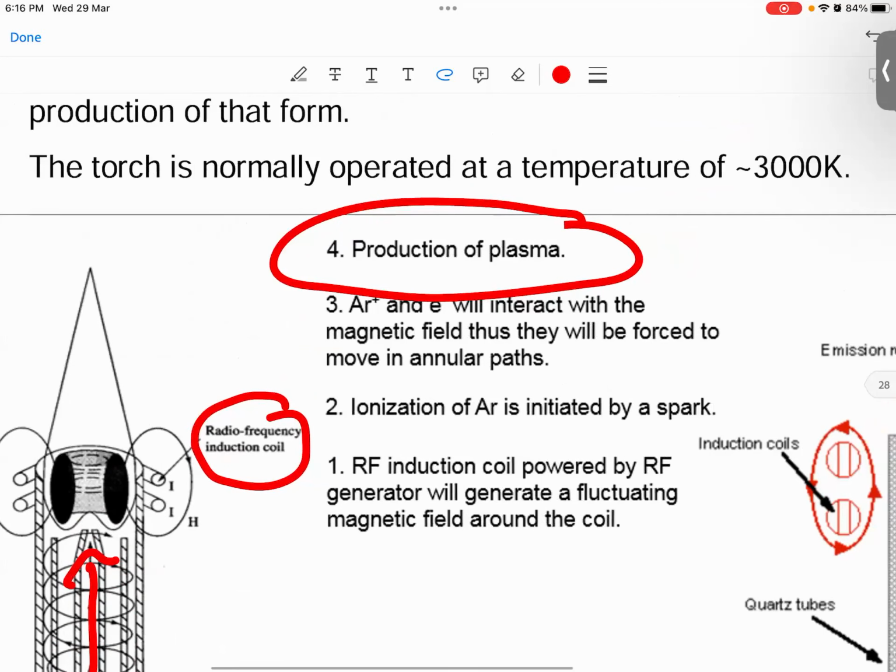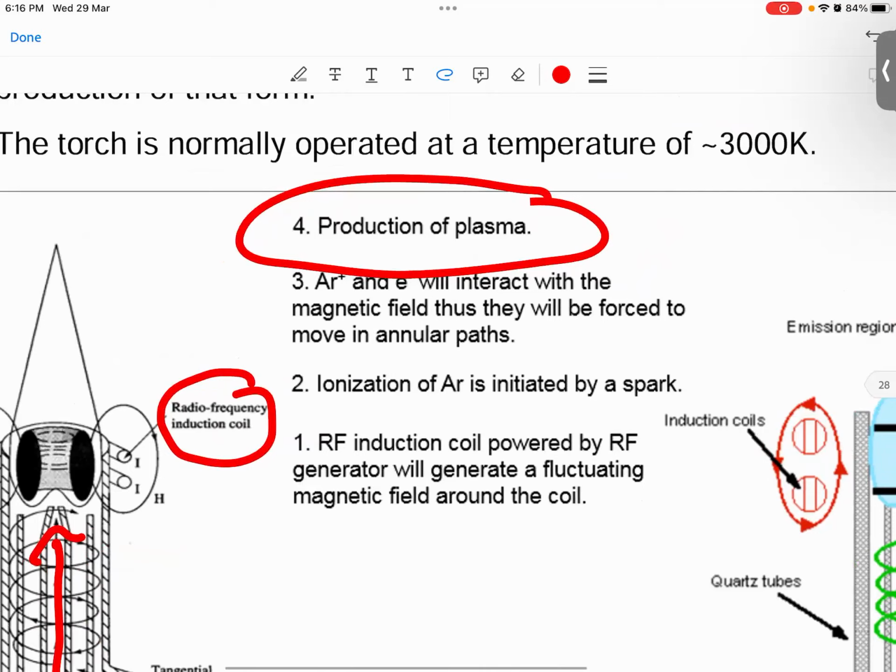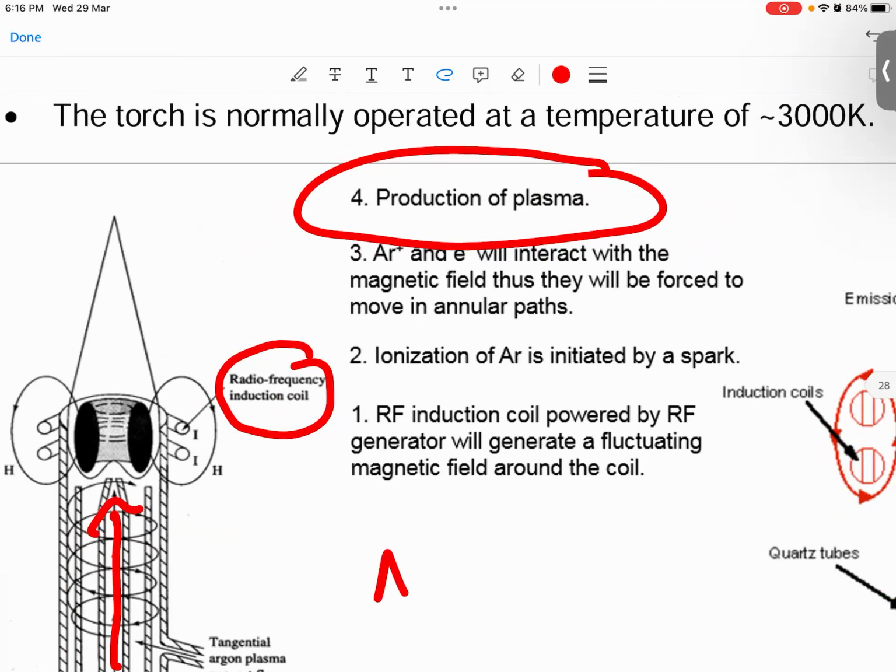The plasma is when the argon is converted into ions. The ionized argon produces plasma.